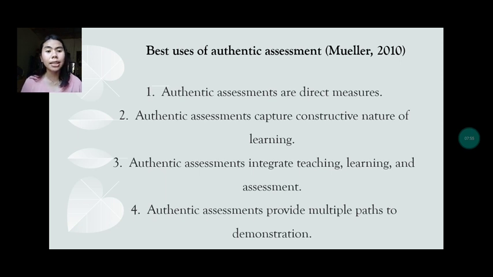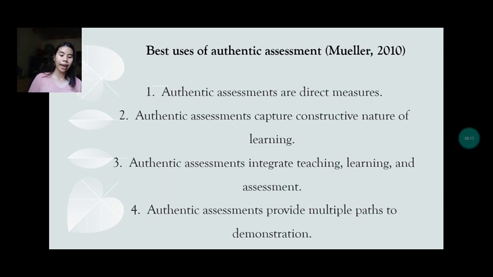And last, authentic assessment provides multiple paths to demonstration. Students may have different ways by which they could demonstrate what they have learned. Authentic tasks tend to give the students more freedom on how they will demonstrate what they have learned.